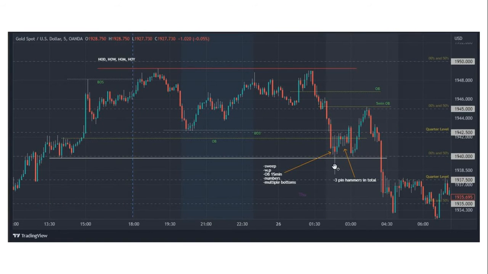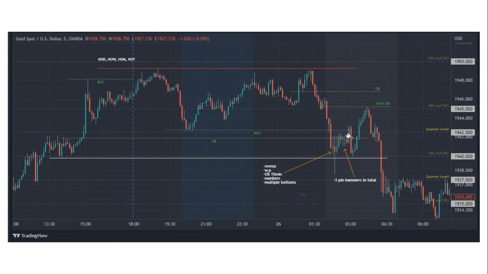The reason why I took this trade is we can see here price does a sweep, and with every sweep, a W pattern. And we have this happening at the 15 minute order block. Price rejecting off of this numbers level, 1940. And then we can see here, price breaks below this support level as previous low of the day, the low of the Asian session, and then closes back up here with this bullish candle.